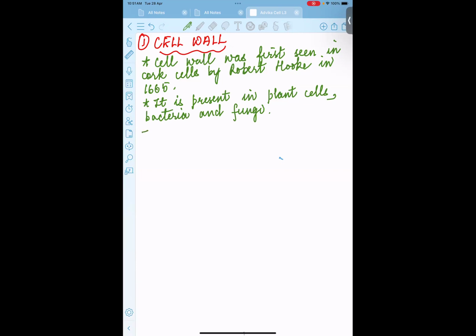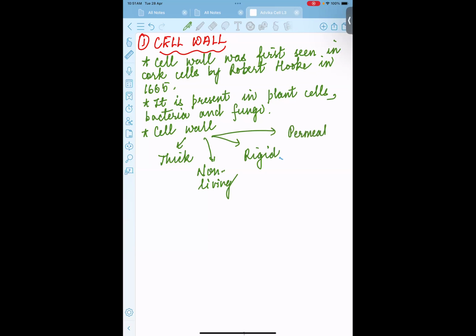Now, talking about the structure of it, the cell wall is thick. It is non-living, so it means it will be rigid in structure, and also they are permeable. What do you understand by permeable?